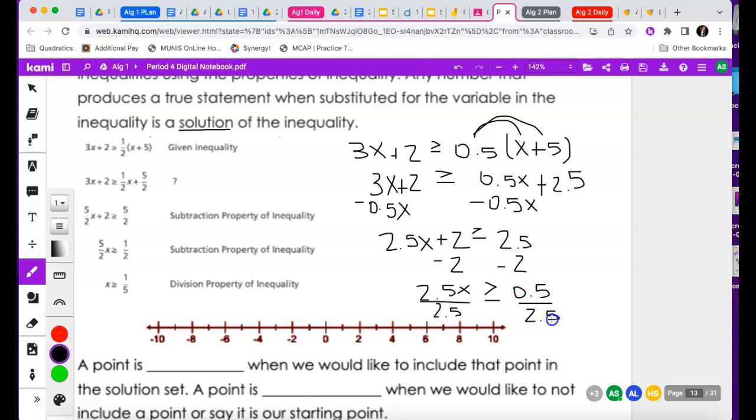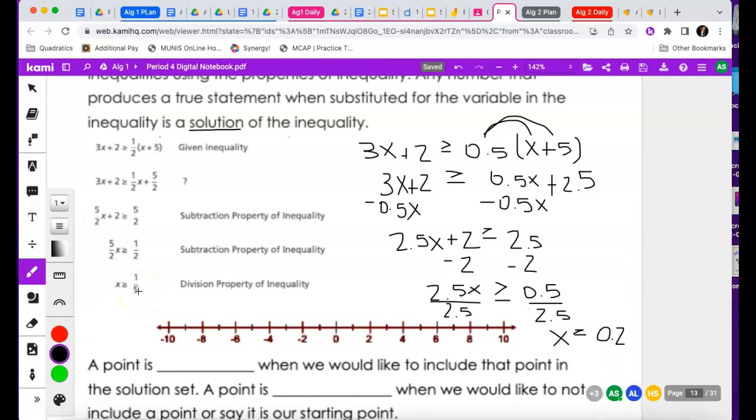So in the calculator, we'll type 0.5 divided by 2.5, and we get that x is greater than or equal to 0.2. So I know over here it says x is greater than or equal to 1/5. That's the same thing as 0.2.